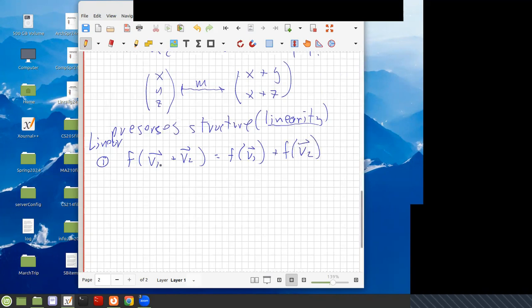What it says is the image of a sum of vectors is the sum of the images.